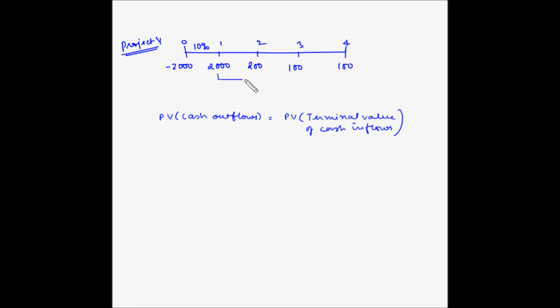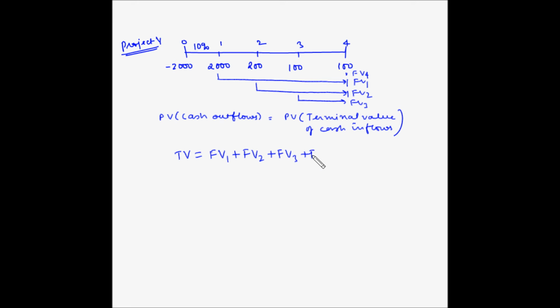So let's say this is FV1, FV2, FV3, and this one is FV4. So terminal value is equal to FV1 plus FV2 plus FV3 plus FV4.